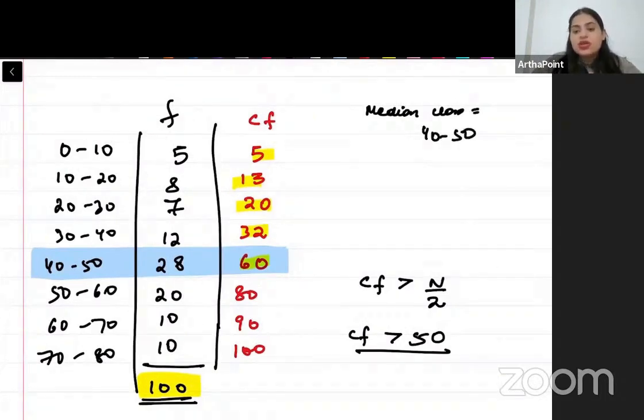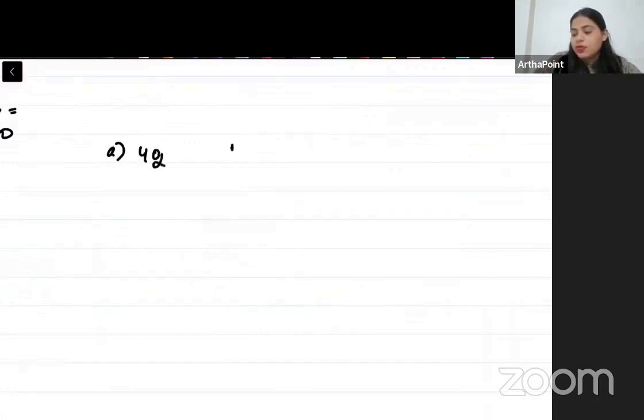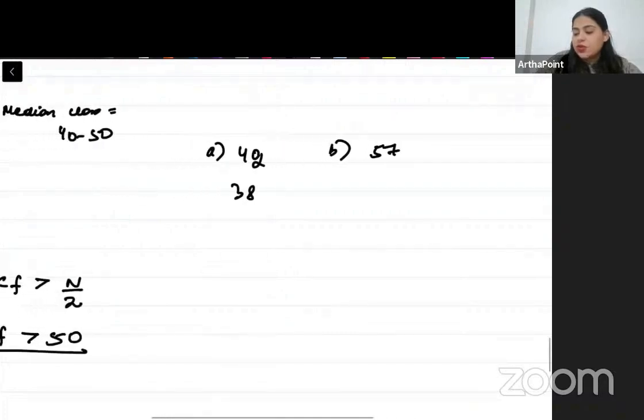Sometimes in MCQs, they will directly ask you the median class. They won't go beyond that. Okay? Sometimes what happens, beta, is that if the median class is between 40 and 50, I get an idea that my median must lie between 40 to 50, because that is my median class. Supposedly they ask you to find the median and they've given you 4 options: 42, 57, 38, 26.